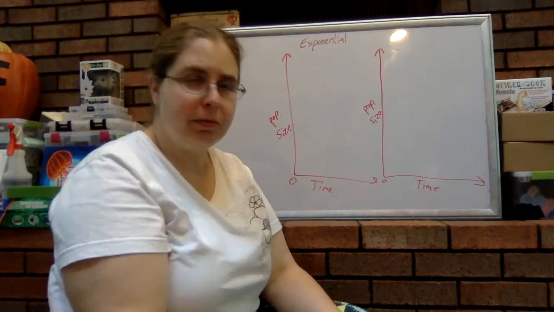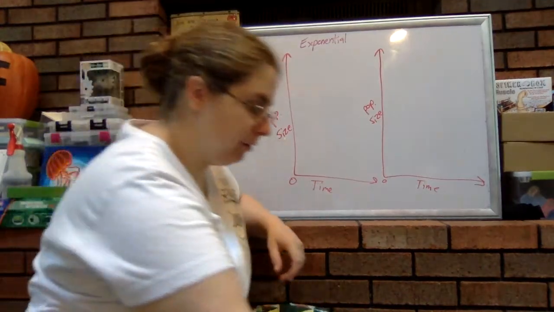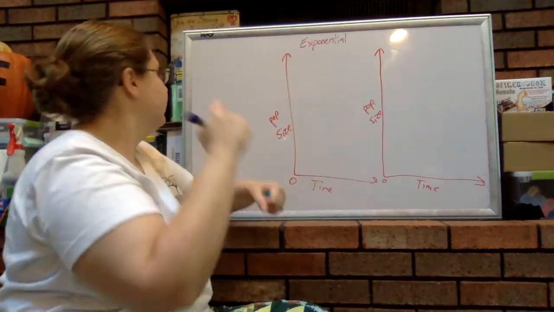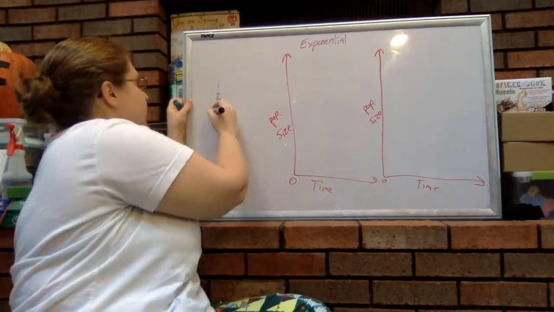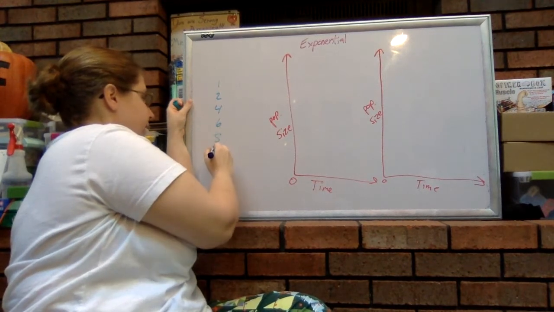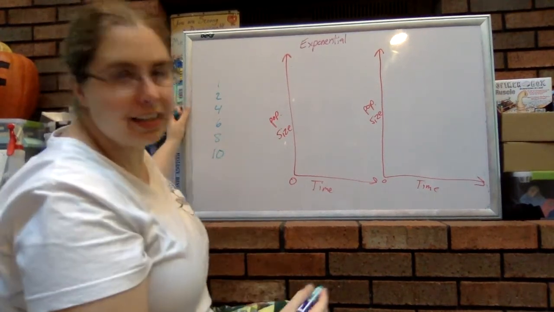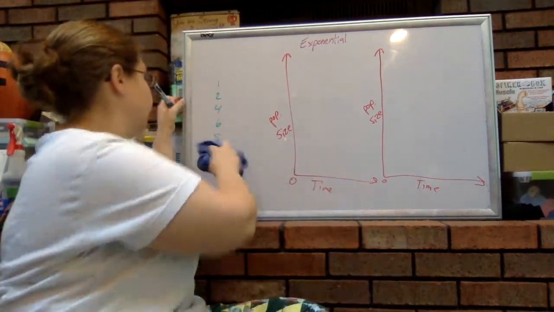Now, when we say by doubling, a lot of times this is what I tend to see from students. All right, so if it's doubling, you start off with 1, then it becomes 2, then 4, then 6, then 8, then 10. That's not doubling. That's adding 2. That's adding 2 new individuals each time.